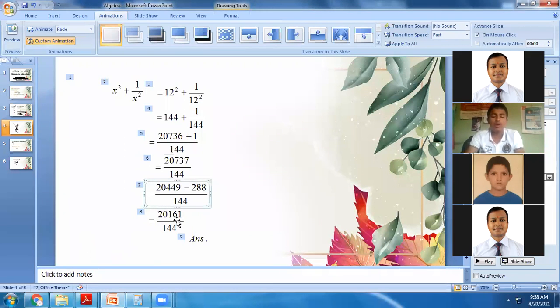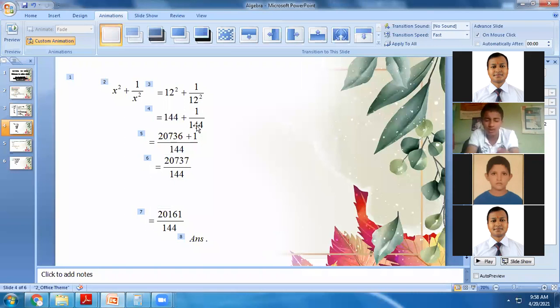Can we cancel the 144 on top when multiplying 144 into 144? No, we can't cancel. The answer from both should be the same. We made a mistake somewhere, I think, while calculating. Just check your previous calculation. Otherwise, you can do it by this method also.